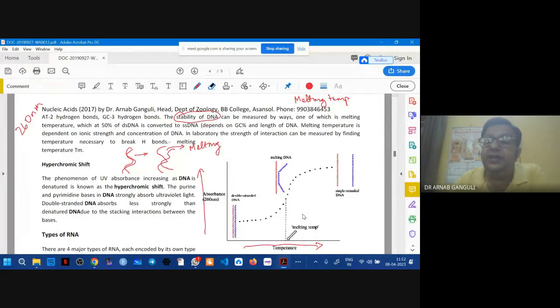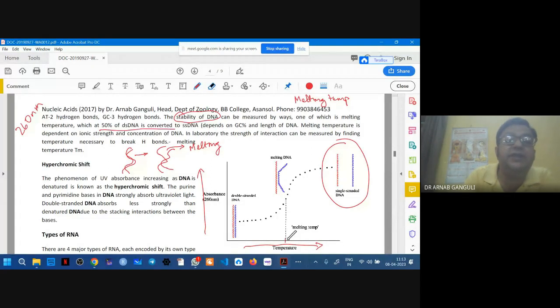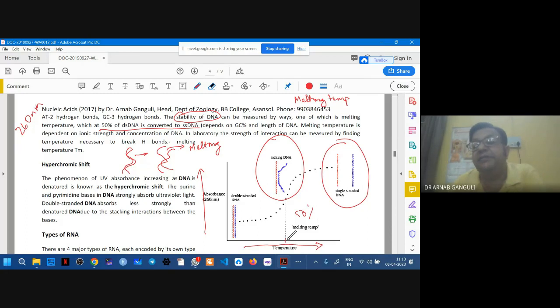And gradually, at a higher temperature, it becomes two single-stranded DNA. Melting temperature is the temperature at which 50% of double-stranded DNA is converted to single-stranded DNA. That is, this is the 50%, half of the double-stranded DNA has converted into single.